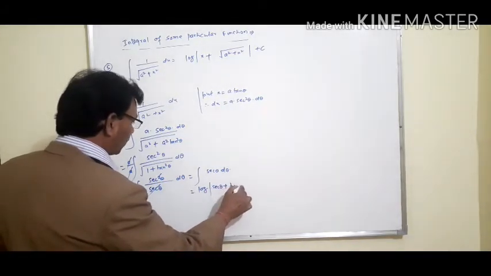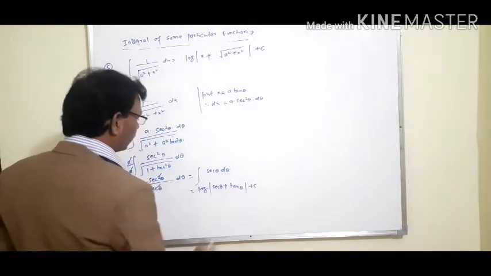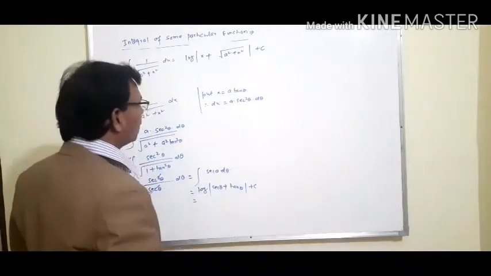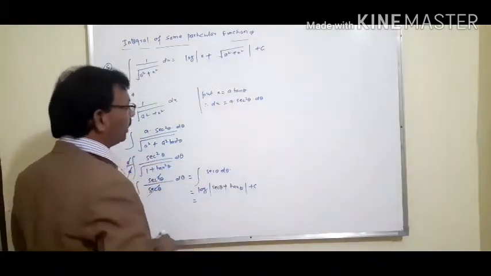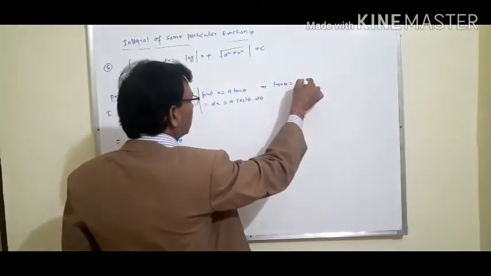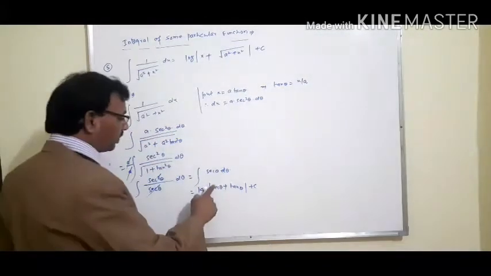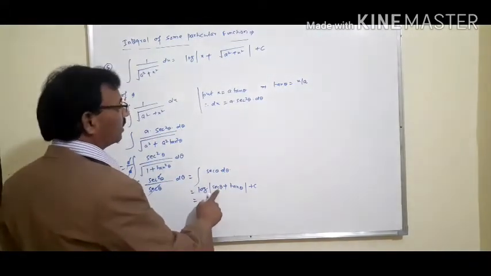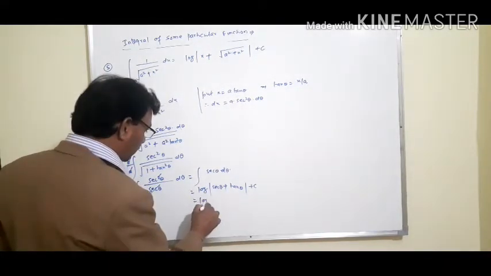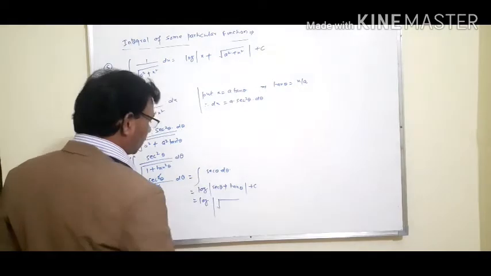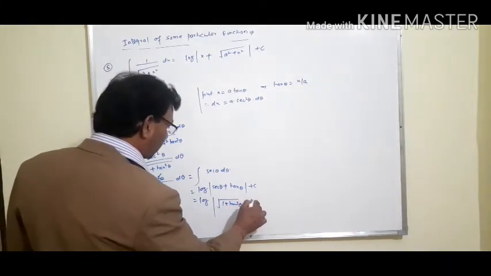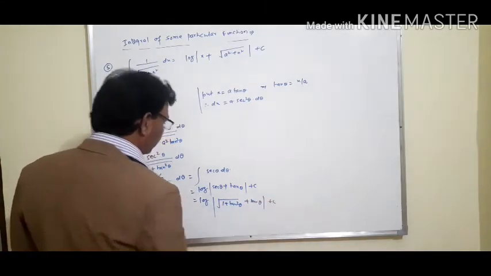As you know that integration of sec theta is log of sec theta plus tan theta plus c. From here we can find the value of tan theta. Here tan theta equal to x upon a. First convert sec theta into the form of tan theta, so this will be log of root under 1 plus tan square theta plus tan theta plus c.